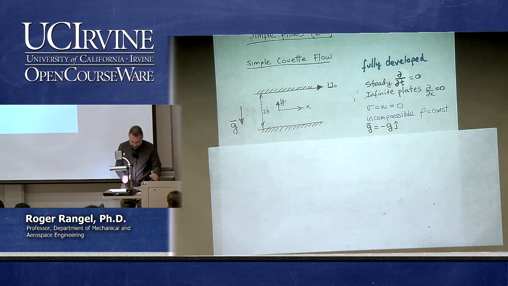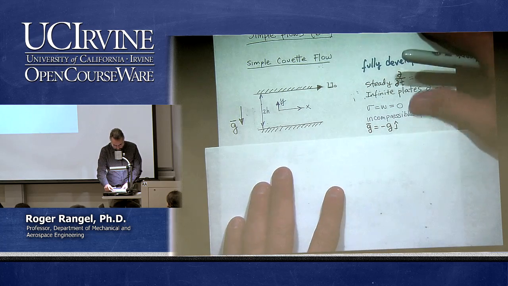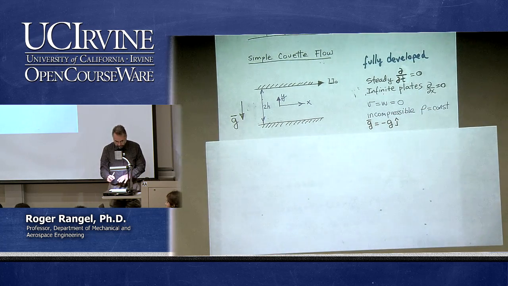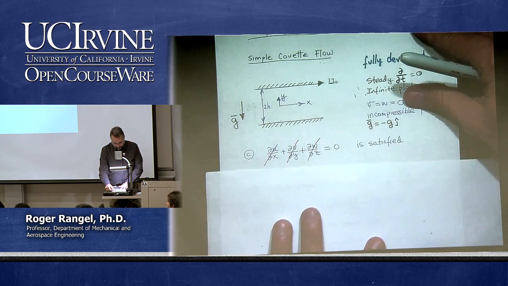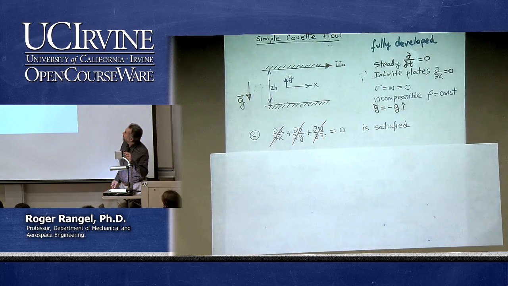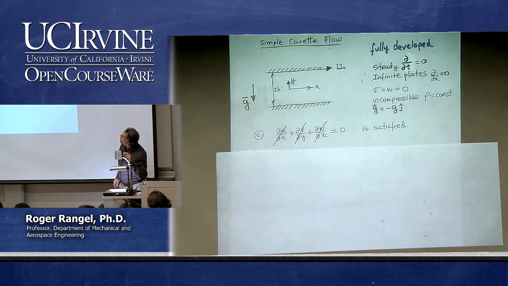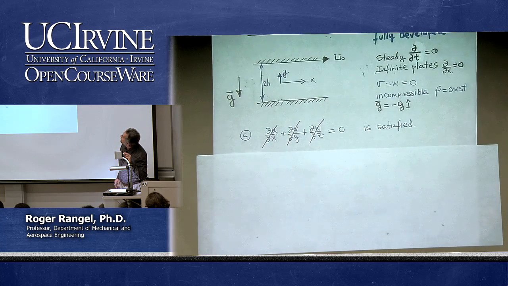So now I want to know what happens if I go to my equations and look at each term one by one and see what's going on. First thing we do, of course, is look at the conservation of mass equation, our continuity equation.